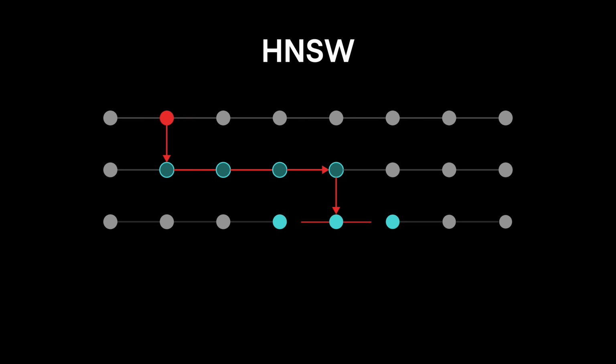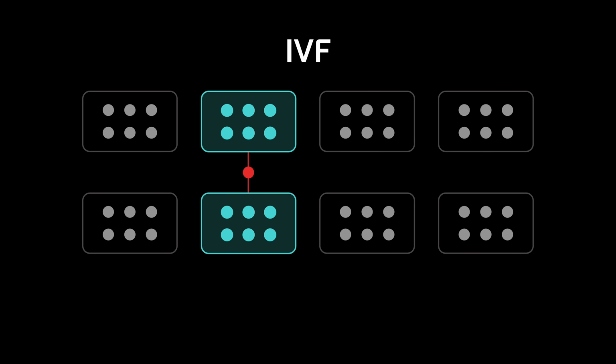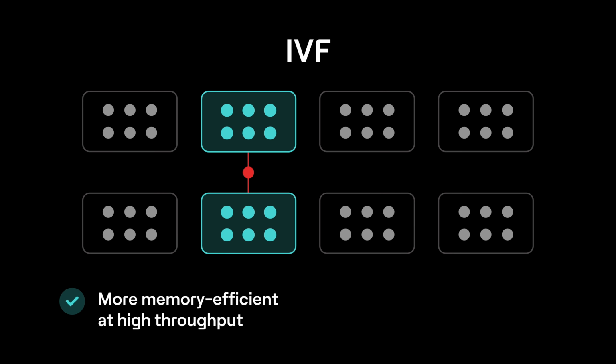HNSW navigates a graph of vectors, giving higher recall at lower latency, but at the cost of more memory and more complex index maintenance compared to IVF. IVF searches within pre-clustered buckets, making it more memory efficient at high throughput, but with typically lower recall than HNSW. The right choice and optimal configuration depends on a range of factors, and we'll be diving deeper into ANN indexes in the next episode of the series.